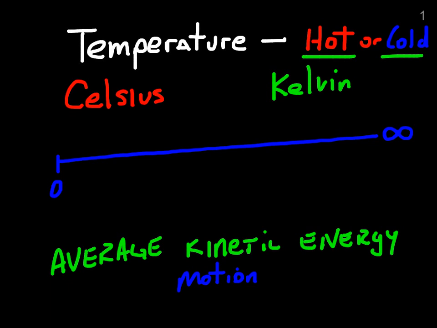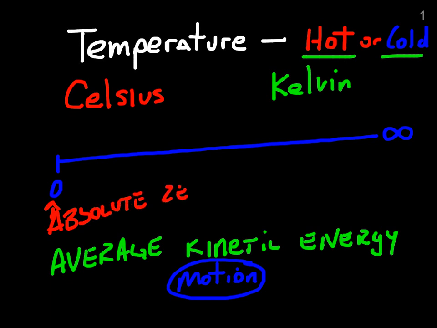So since we're talking about this idea of motion, it would just make sense that there is a place where things have completely stopped. Well, guess what? When things completely stop, I am at 0 temperature. This point is actually called absolute 0, and it refers to the fact that there is nothing moving at that point. So down there is absolute 0.